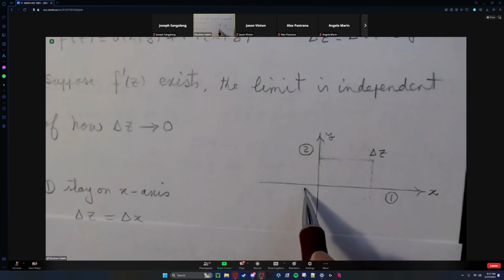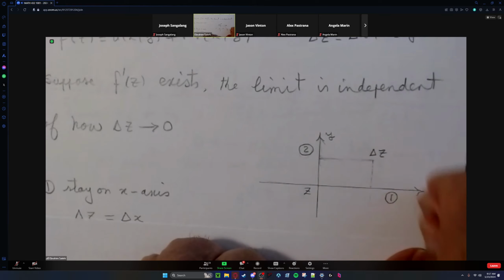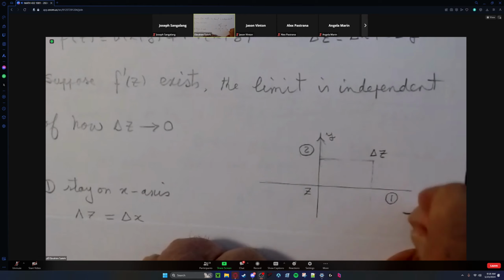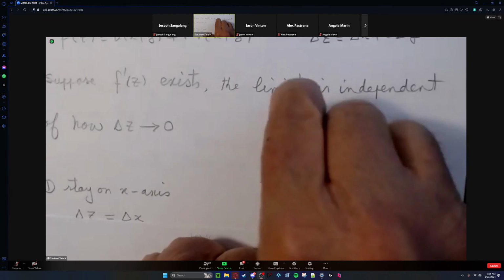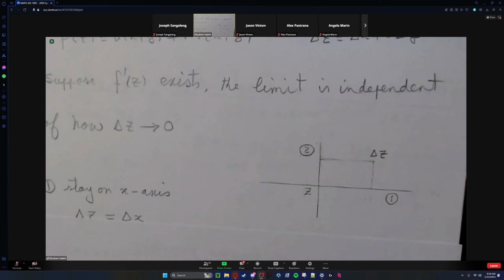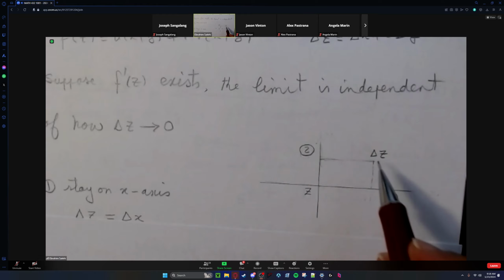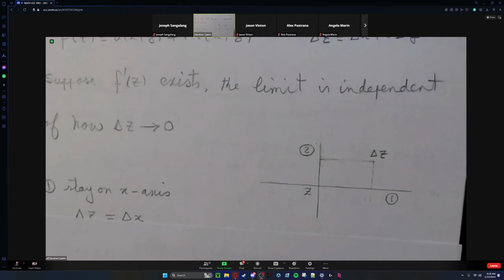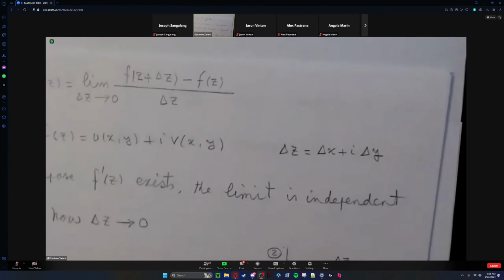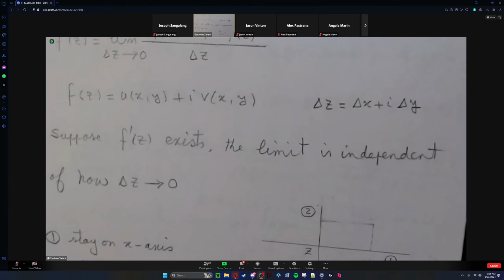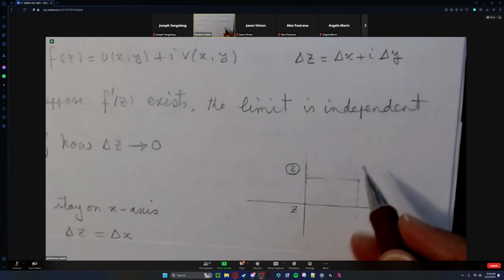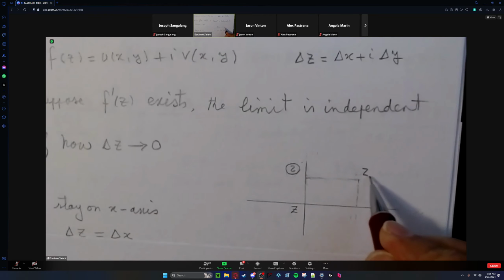Let's say this is z. This is z plus delta z.